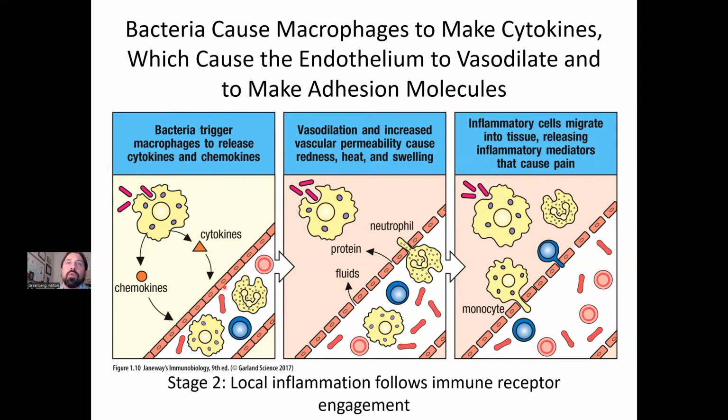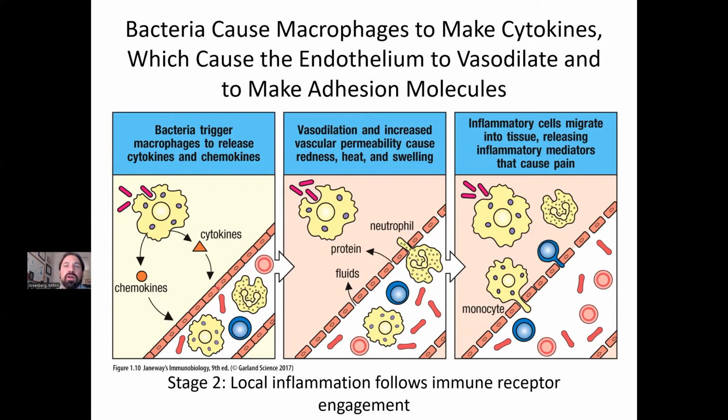The endothelium is going to become inflammatory. What I mean by that is it's going to downregulate expression of those tight junctions that prevent cells and other things from leaking into the tissues, and it's going to induce expression of cellular adhesion molecules, these ICAMs and VCAMs.